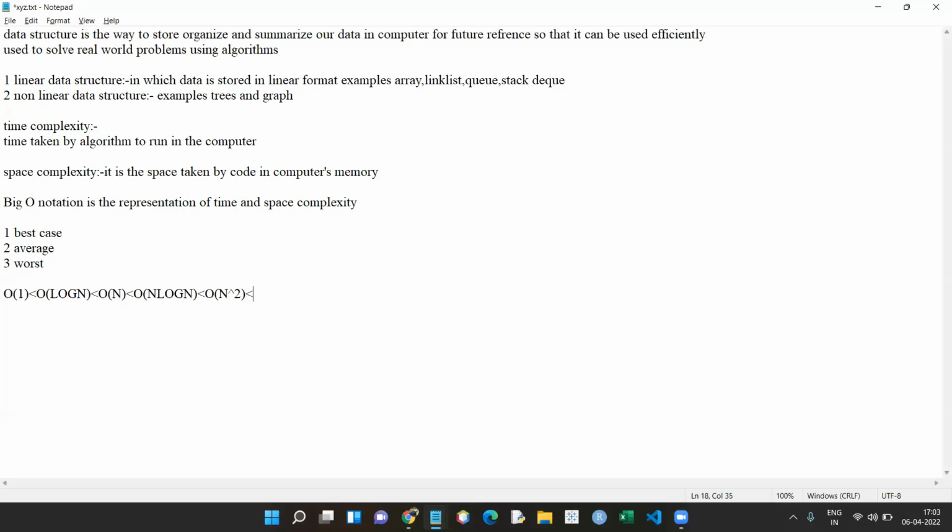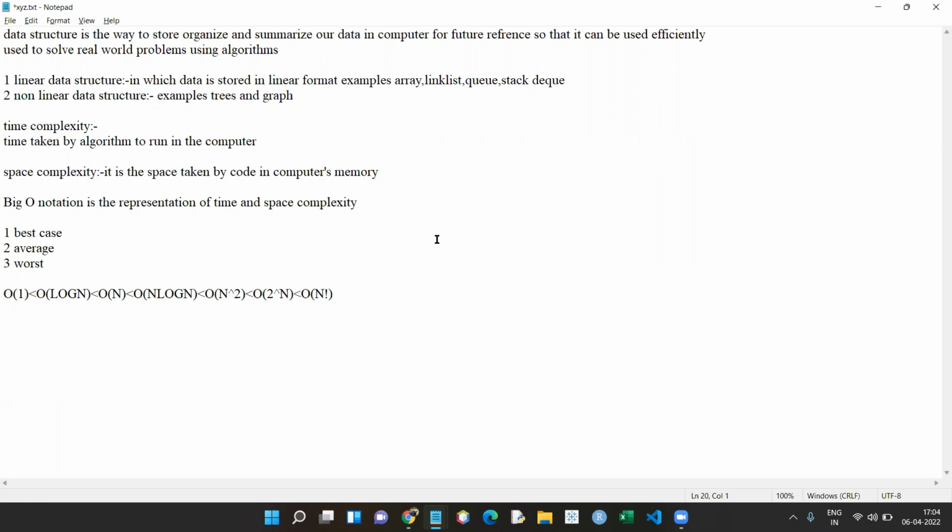Then big O of 2 raised to n, and after 2 raised to n, it is n factorial. If the input size is n, then n factorial will be the time taken by the computer. What are the examples? Everything has its own time complexity.